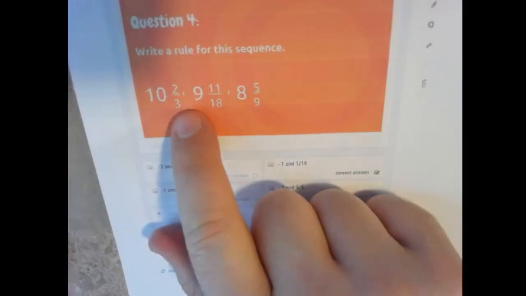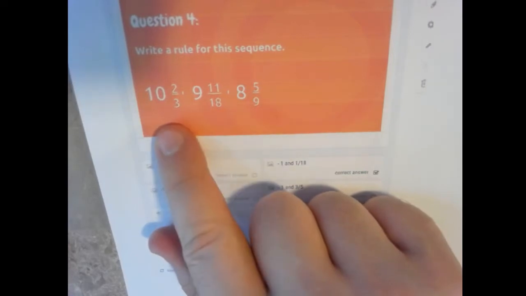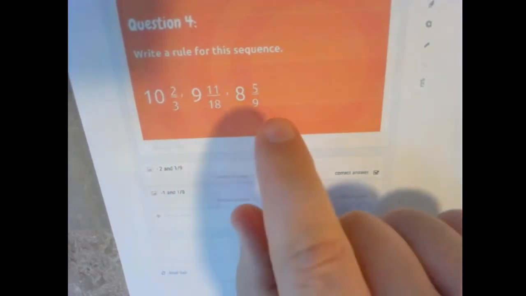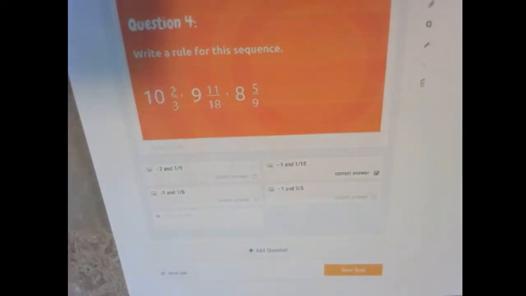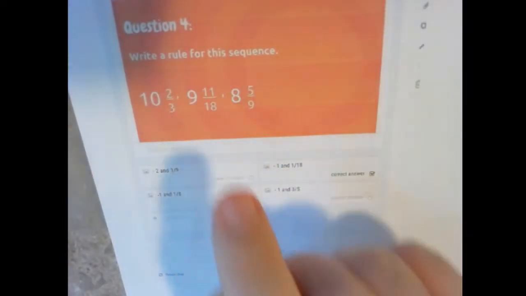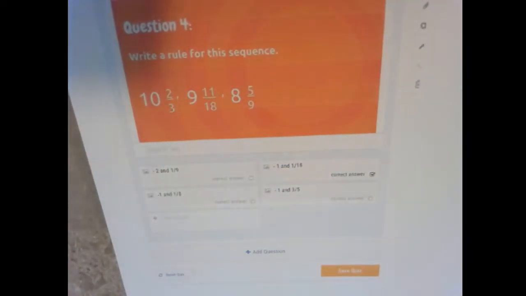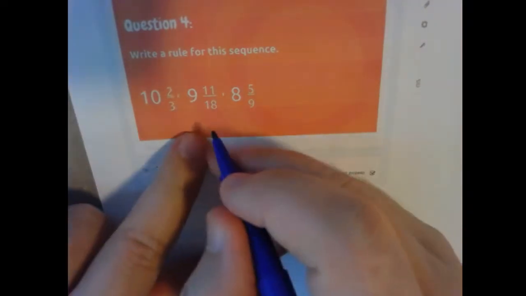Okay, one more. So now we're dealing with mixed fractions where you have whole numbers and fractions all together. Again, the first step is always to get a common denominator on these fractions. So we have 3, 18, and 9. So we want to look at the largest denominator, 18.